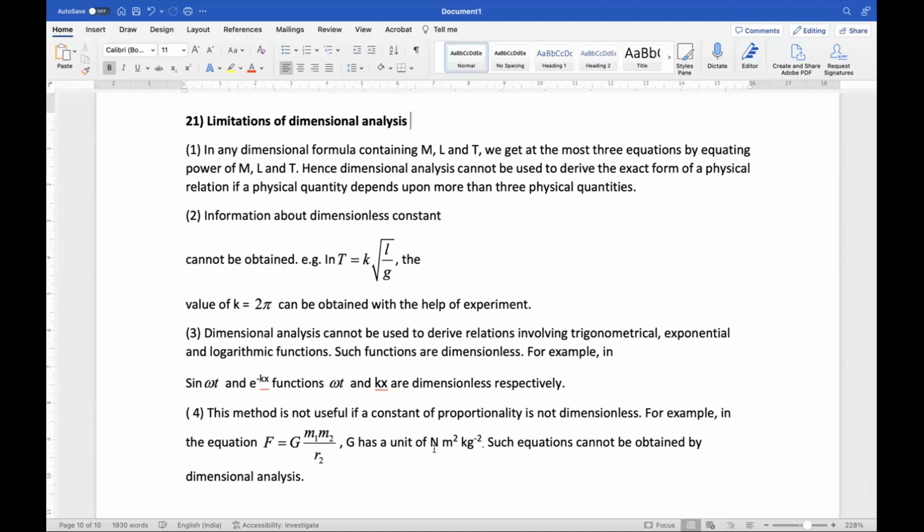It has units, it has a dimension associated with it. Unless you know the dimension of that kind of constant of proportionality, you will not be able to derive the relation. That is the meaning. So read the statement: this method is not useful if a constant of proportionality is not dimensionless. That is the meaning.